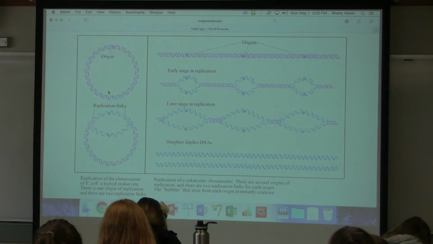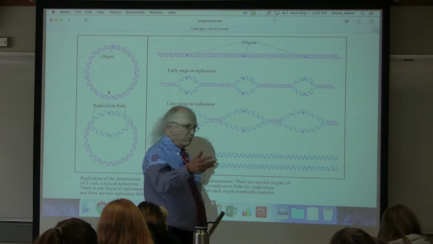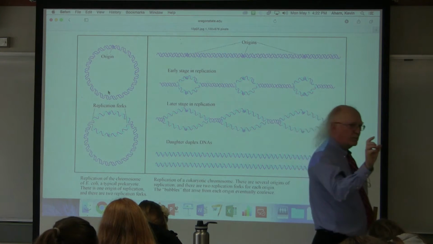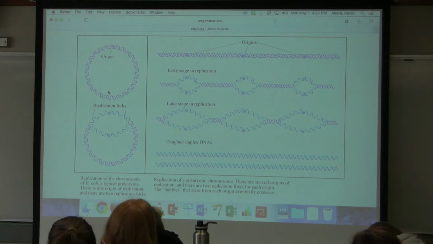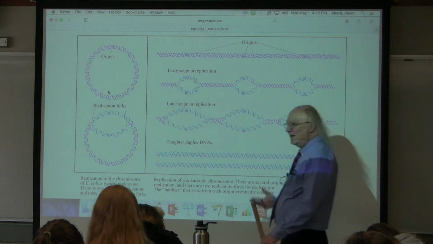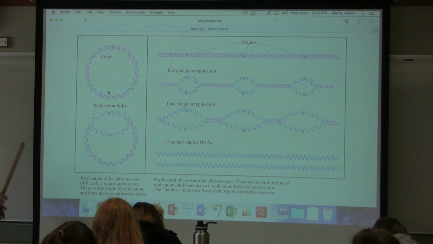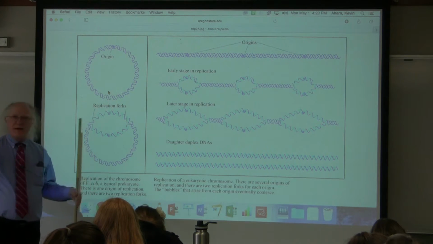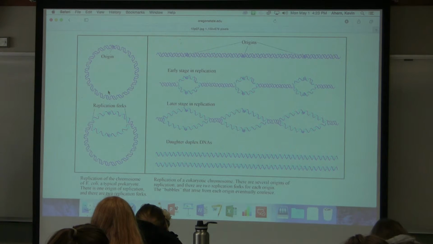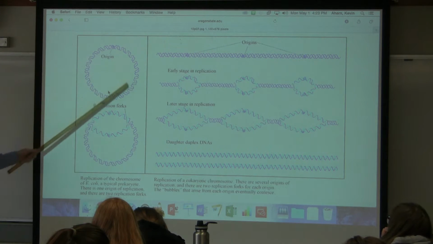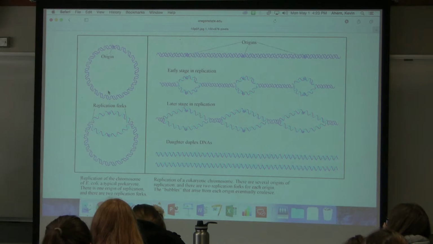It means that if you look in my cells and you compare them to your cells, I'm older than all of you in here, my chromosomes will actually be shorter than yours will. That's not good, by the way. Okay? My chromosomes will be shorter than yours will, because mine will have gone through more replications than your cells will have gone through, and consequently, I'll have less of my ends there. Okay? Prokaryotes don't have that problem. Prokaryotes, because they're circular, as we will see, are perfect. They get all the way through. They don't lose anything in the process.